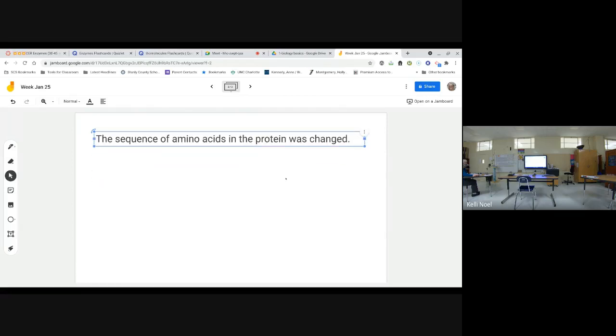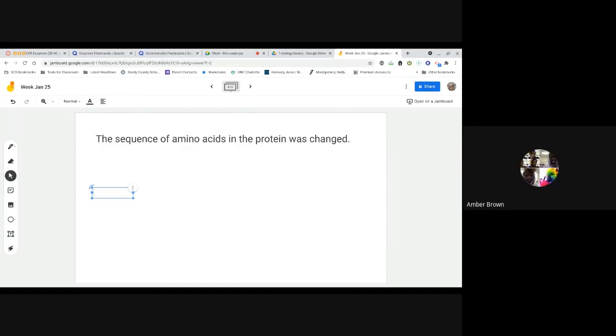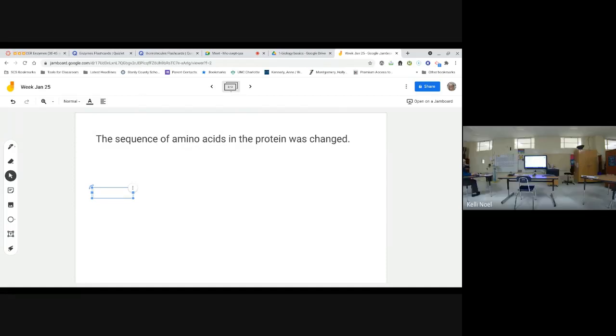All right, and so that's one piece of evidence. What is another piece of evidence? We know that, what do we know about the active site? Does it have to have a specific shape? It was changed.